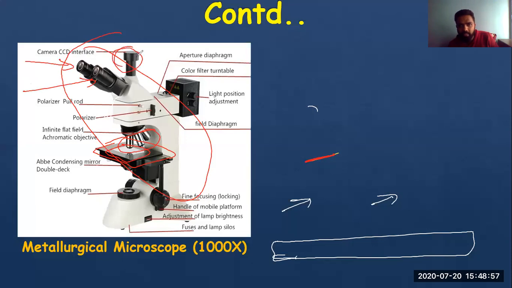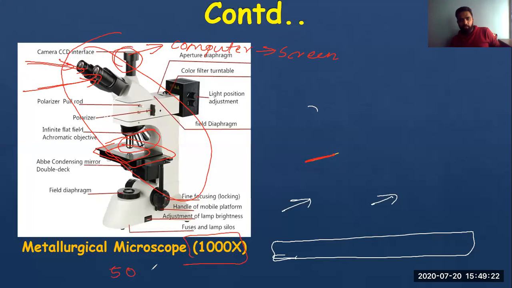This is used to connect the microscope to the computer. With the help of proper software, we can view the sample directly on the screen, rather than viewing it through the eyepiece. This is the microscope. And one more thing, the microscope has magnification up to 1000x.